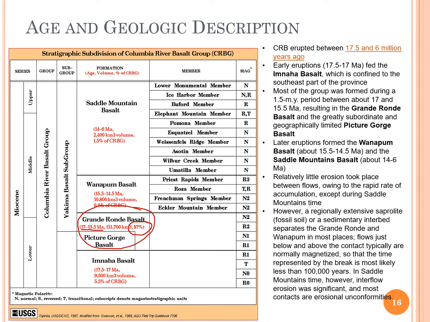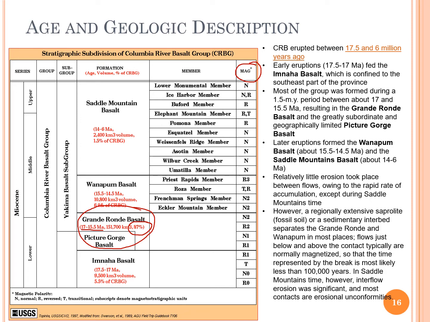So that gives them another way to map them, and you can see here MAG representing the magnetic polarity during when each one of these members formed, whether normal or reverse compared to today. Anyway, it just provides another way to actually map very carefully the components of the Columbia River basalt.